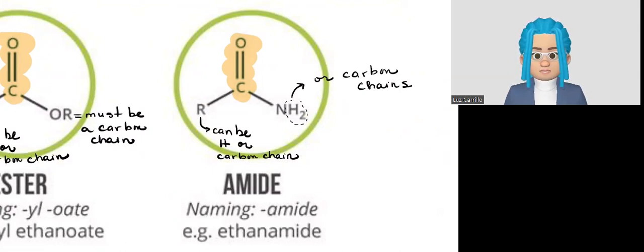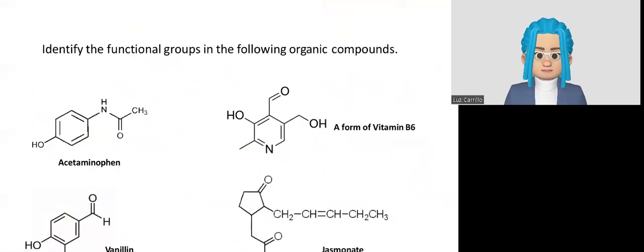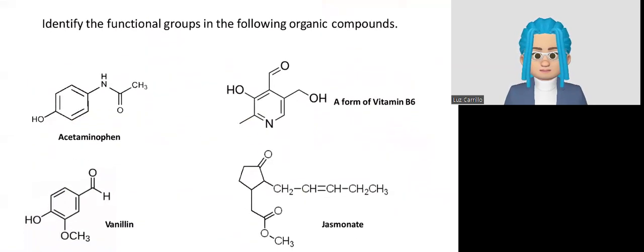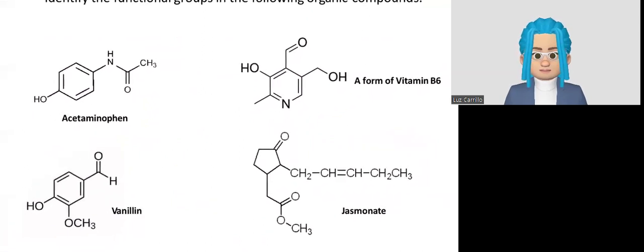Now let's explore by looking at some organic compounds how we can identify functional groups in them. So we have the following example. We have a selection of organic compounds, and by observing the molecule, we can actually determine what functional groups are present.